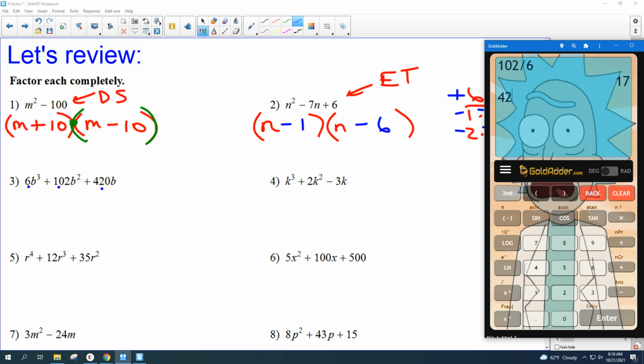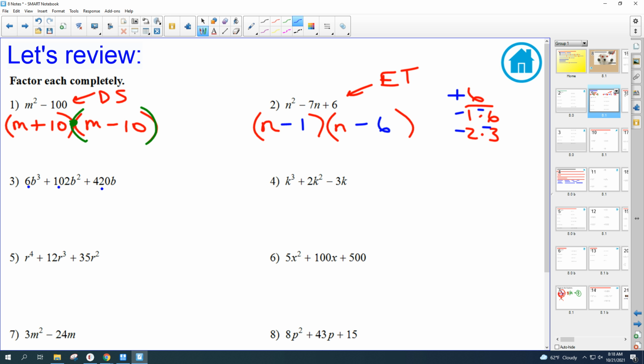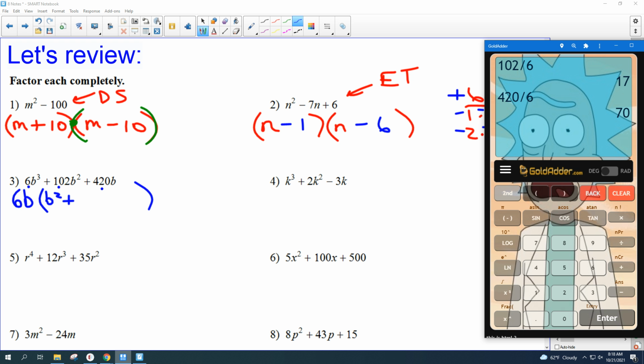Okay, yeah. And 420 divided by 6. Okay, great. So all 3 of those numbers are divisible by 6 and b. So we would write 6b. And then we would write what you'd have to multiply by to get back to the start. 6b times b squared, plus sign. 6b times, what was it, 17?